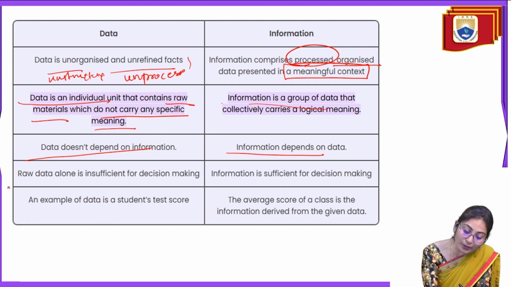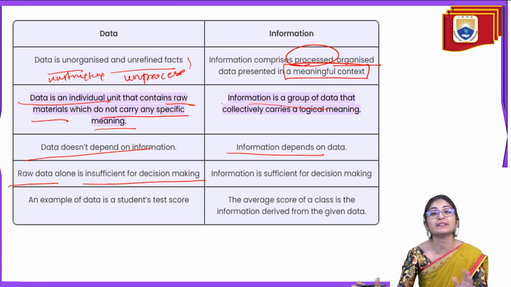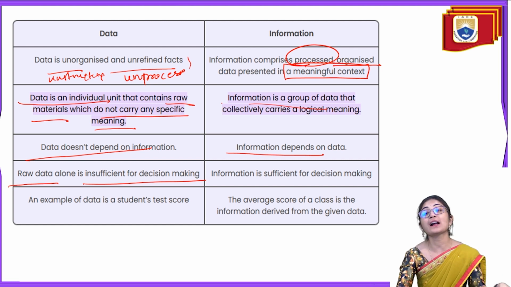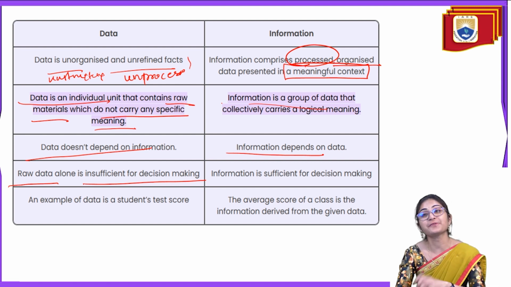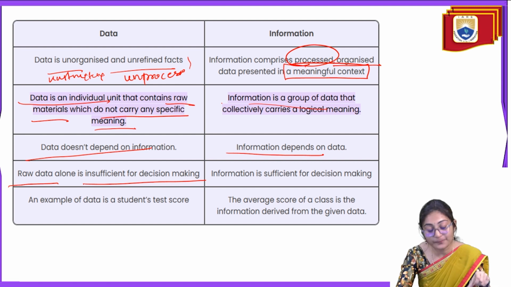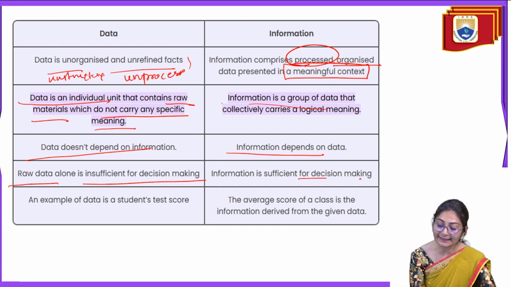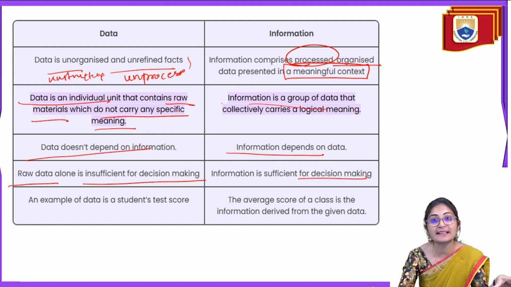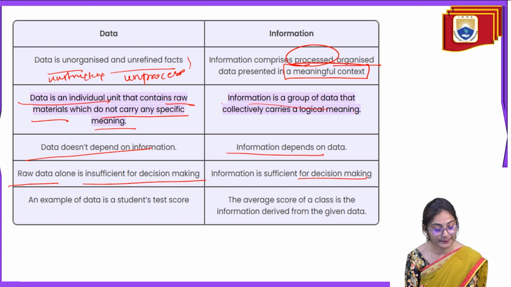Raw data alone is insufficient for decision making. If you have so much data, on that basis you can't take any decision. But information is sufficient. If your information is particular, then it is very easy to take a decision.